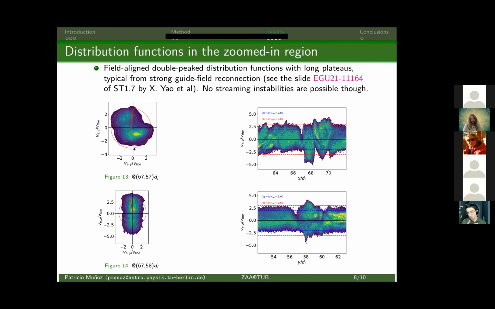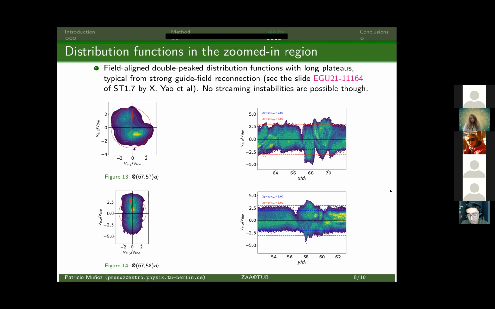Because of the strong magnetic field, those distribution functions are very much gyrotropic in the perpendicular direction, that is, on the simulation plane. But because this is a 2D simulation, those distributions that would be unstable in a fully 3D configuration are stable in this case. And the in-plane component is relatively small. It's not large enough to trigger those instabilities.